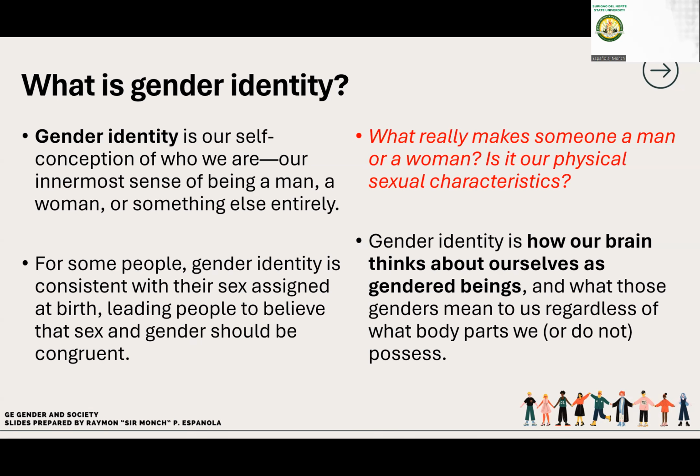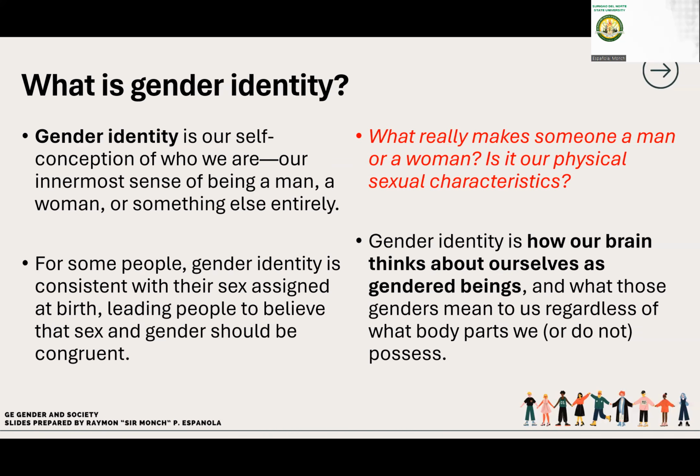These things exist because sex and gender identity do not always go together. They are not congruent all the time, so they can be considered independent of each other. Sex is one domain, and gender identity is another domain. Gender identity is how our brain thinks about ourselves as gendered beings and what those genders mean to us, regardless of what body parts we do or do not possess.